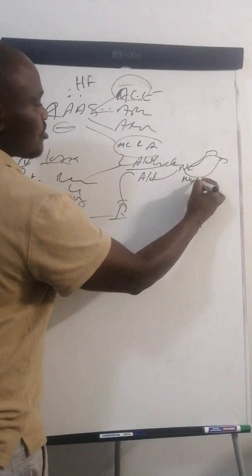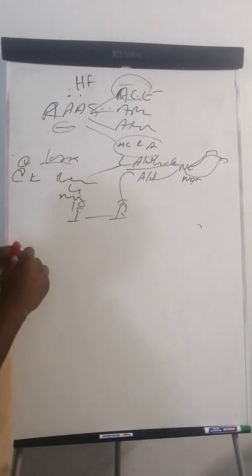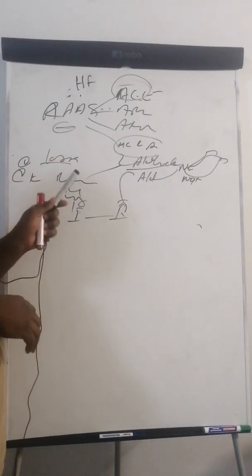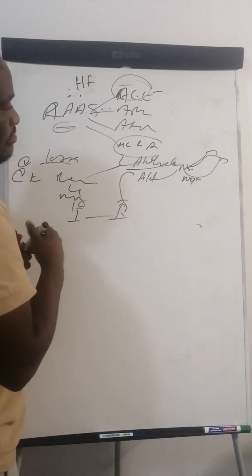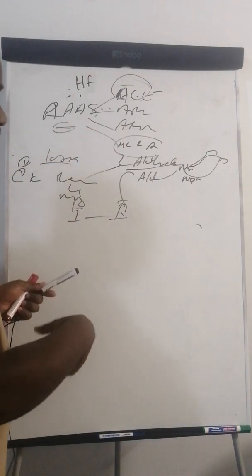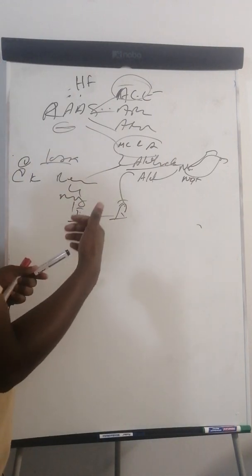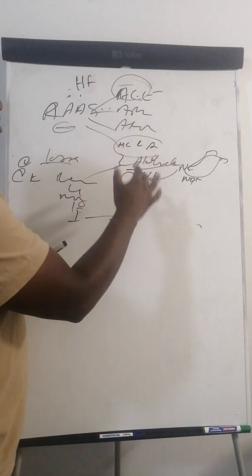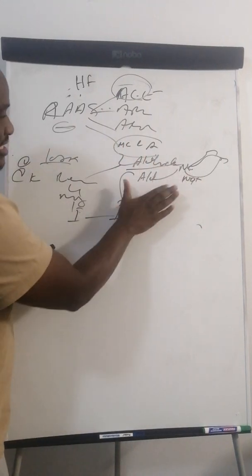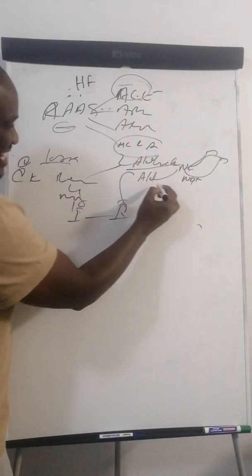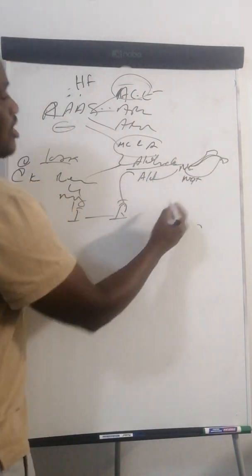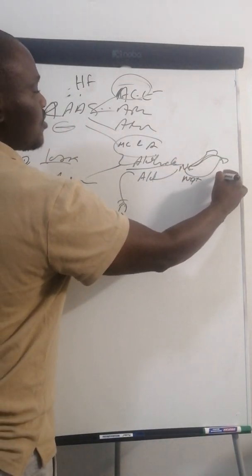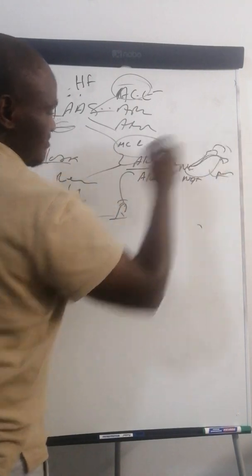Remember, sodium is a positive ion. So I want you to get why Aldactone is a potassium sparing drug. This is what Aldactone does. And then it causes fluid overload, reabsorption of water.